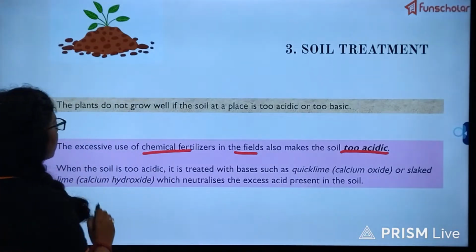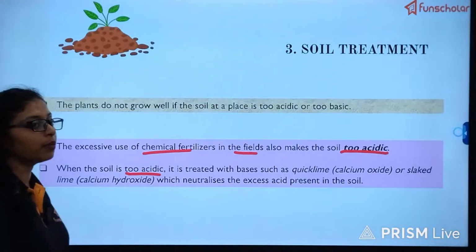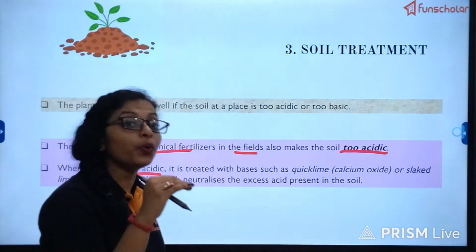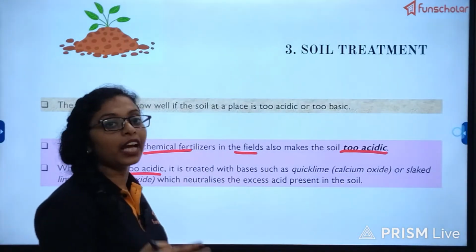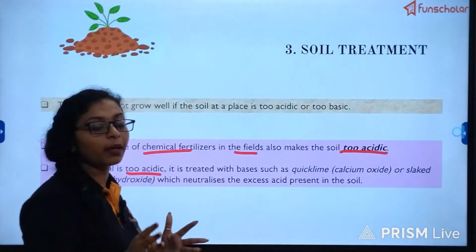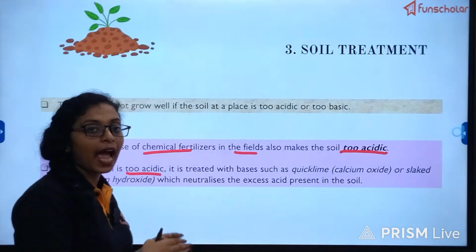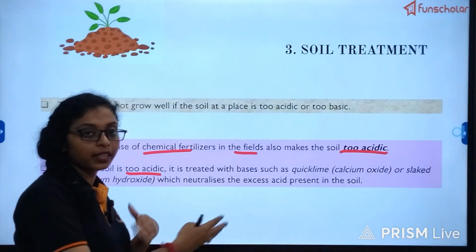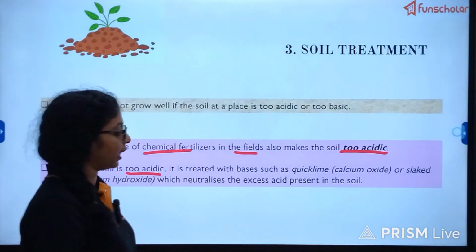So in that case, the excessive use of chemical fertilizers in the fields also makes the soil too acidic. When the soil is too acidic, now we must add some type of base, right? The basic chemical components, so that the neutralization reaction happens and they cancel each other out and the soil becomes neutral again, right?